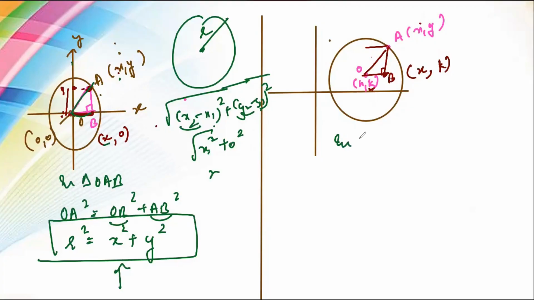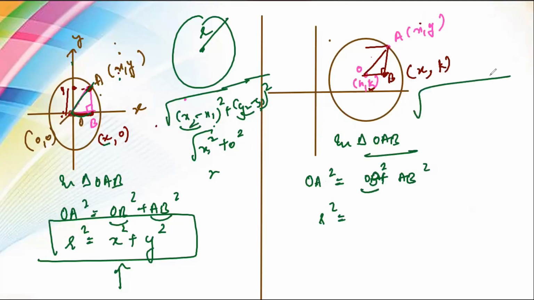But if I apply the Pythagoras theorem here in triangle OAB, OA square is equal to OB square plus AB square. This is my r square only. What is OB? If I apply the distance formula, it is square root of x minus h whole square plus k minus k whole square, which is 0 only. So I have x minus h. So OB will be x minus h, and there is a square.